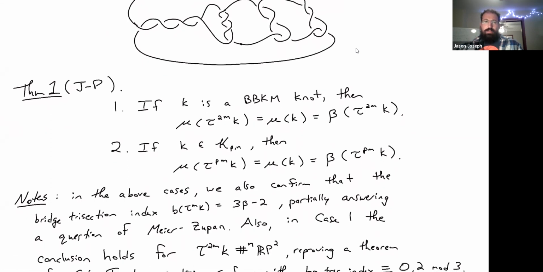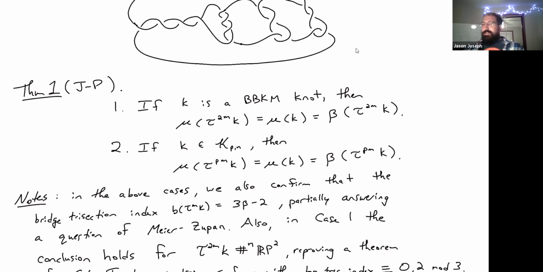And one side note is that, so this is really confusing and obnoxious to explain, but bridge trisections are this other way of looking at knotted surfaces that are pretty new and popular. And they have their own bridge number, which is not the bridge number of the knotted surface.